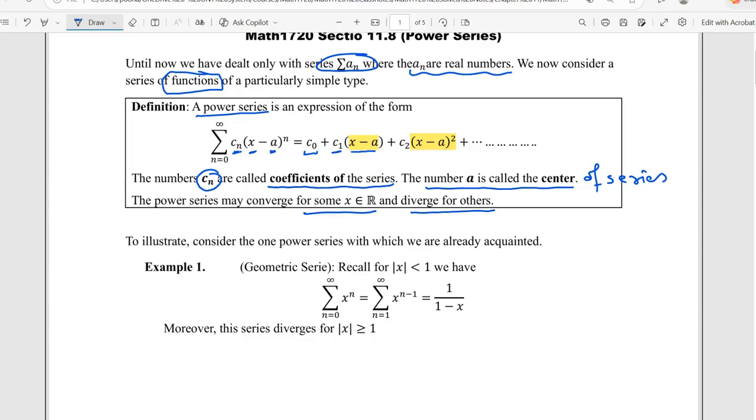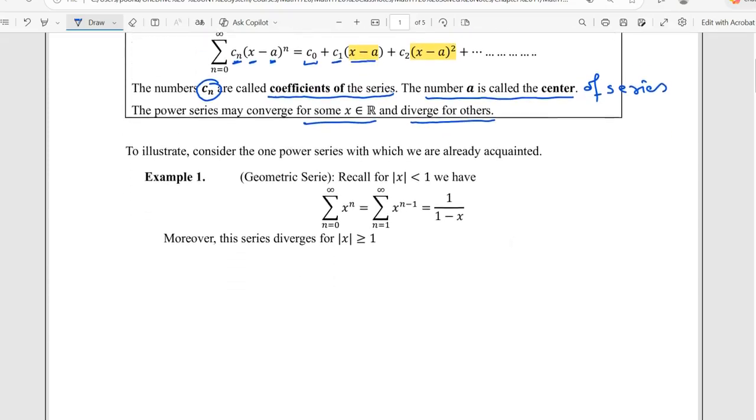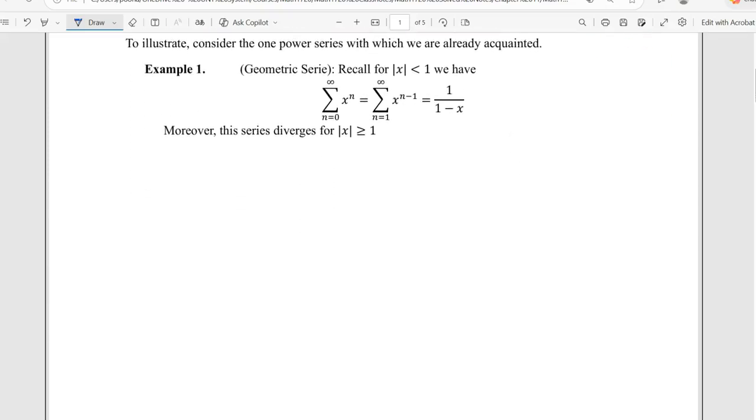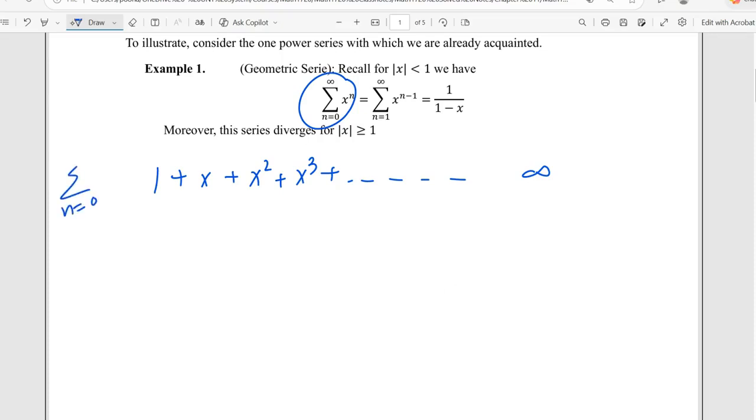Now before I define when it is convergent or divergent, let's talk about a very common example which you already know. This is a geometric series. Let's write this down. This is 1 plus x plus x square plus x cube plus so on. When I expand the expression, sigma n from 0 to infinity x to the power n, this is what I get. What kind of series is this?